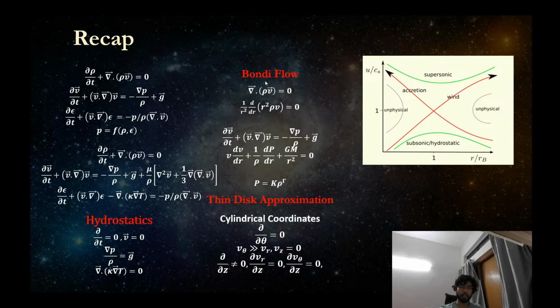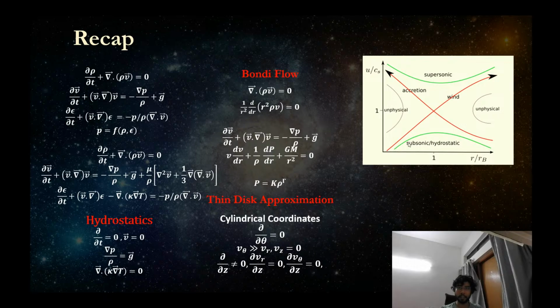Again, if we consider the steady state case, this will reduce down to this. Similarly, the momentum equation will reduce down to this equation. Using the equation of state, which we took as a polytropic equation of state, we saw how we can come up with these different solutions, which are shown in the figure over here.